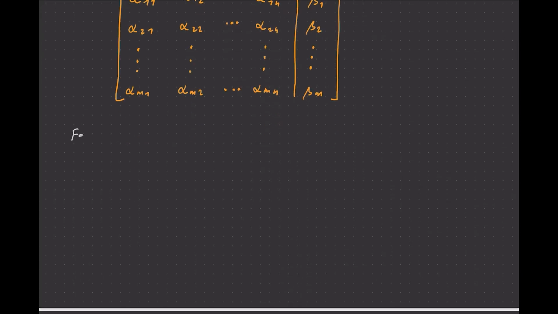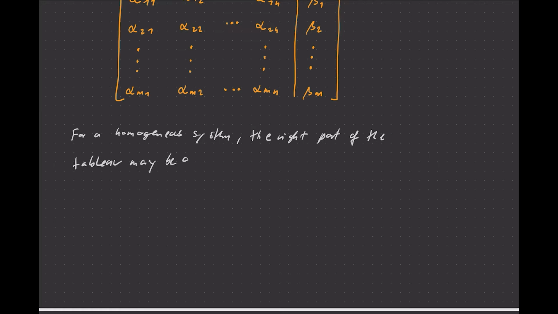And for a homogeneous system, meaning all the betas are 0, the right part of the tableau may be omitted. Means for a homogeneous system, the tableau would then look like this.